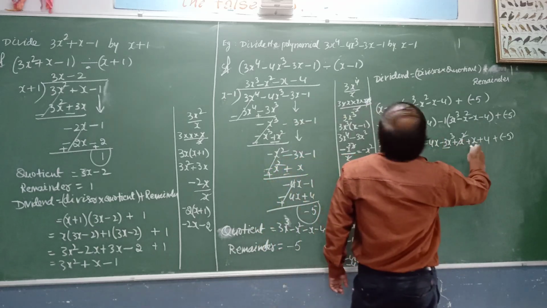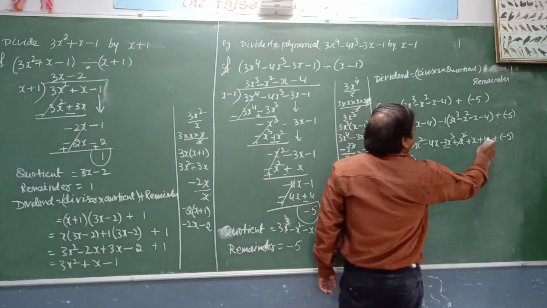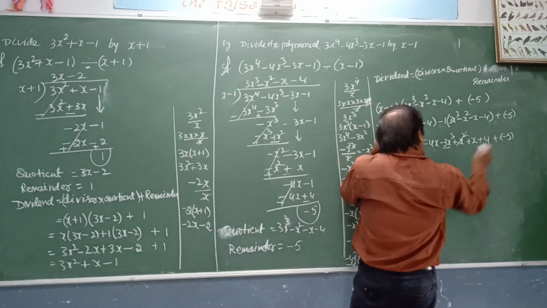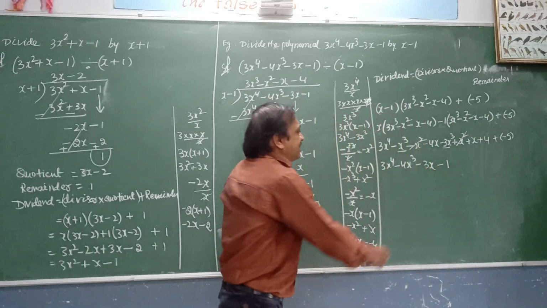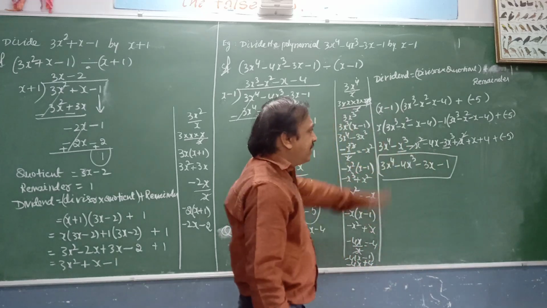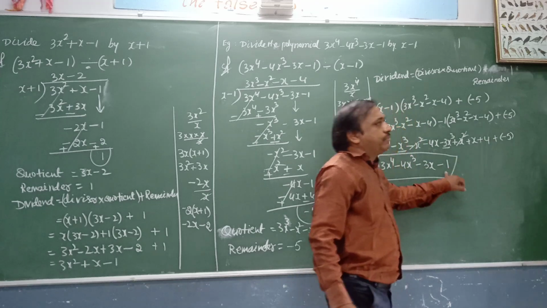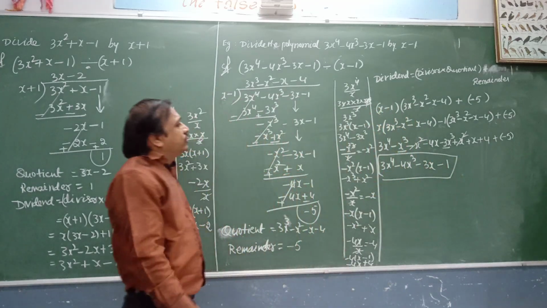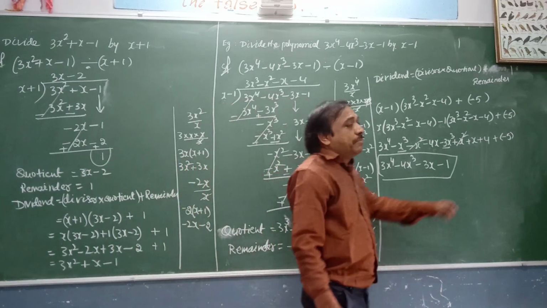Minus 4x plus x is minus 3x, and here plus 4 and minus 5 will give you minus 1. Therefore we are obtaining the dividend: 3x to the power 4 minus 4x cube minus 3x minus 1.